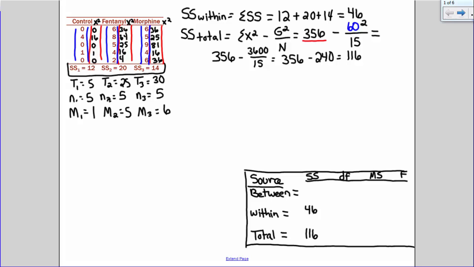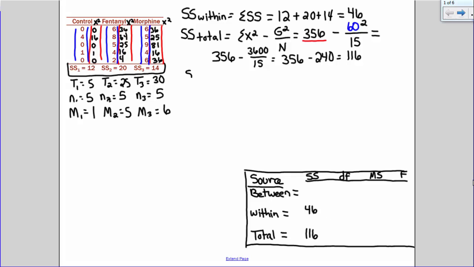Now, just for kicks on this first example, I'll show you both ways to find the sum of squares between. The not so fun way and then the easy way. At this point, remember, my sum of squares between plus my sum of squares within is going to equal my sum of squares total. So to find sum of squares within or between, I can simply take sum of squares total and subtract the other one.